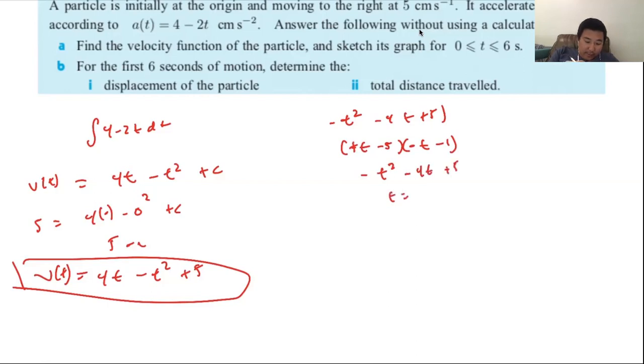So t equals 0. Set negative t squared plus 4t plus 5 equal to 0. So t equals 5 and t equals negative 1. So then your sketch is going to look like this.